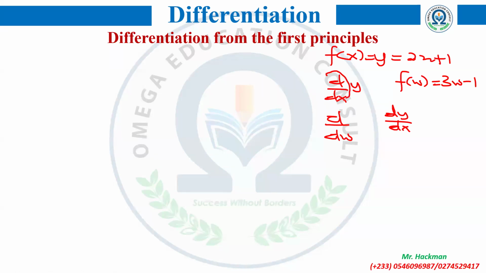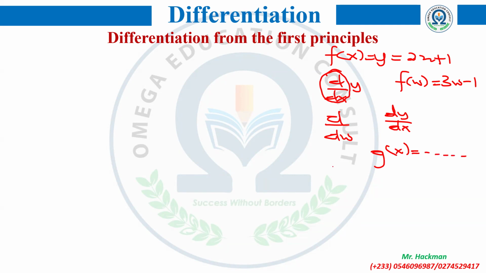Your operator will affect what? A function. Your operator must always affect a function. The function could be y, it could be f of s, it could be g of s, it could be h of s. You've done functions, we know how we label functions. In the same way, if I have a function, let me say j of x is equal to maybe whichever.